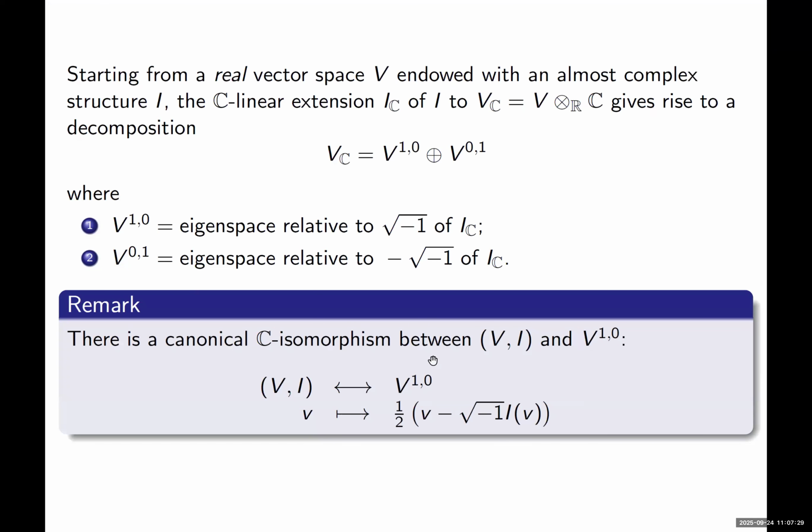What we can do also is take the complexification of the real vector space V, namely tensor it with C, extending scalars to the complex numbers, and then we have a decomposition into type (1,0) and (0,1), where these two subspaces of the complexification V_C are the eigenspaces relative to the imaginary unit or minus the imaginary unit of the C-linear extension of the almost complex structure.